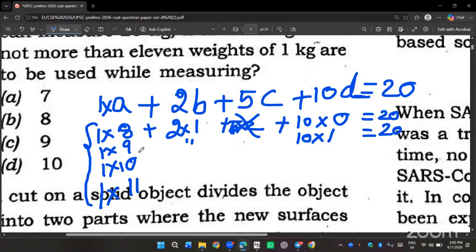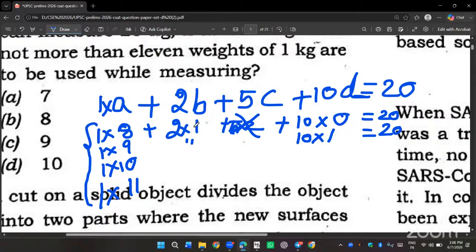Then in case of 9 1 kg weights, what will be the condition? Likewise, we have to solve. Finally, we will get the answer: eight ways. In 8 ways, I will be getting this value. So how in 8 ways?